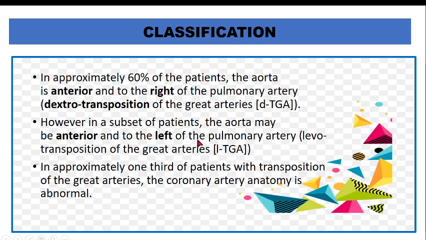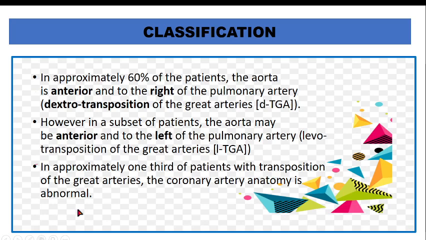Depending on the position of the aorta, in both the aorta is anterior, meaning towards the front. If it is on the right side of the pulmonary artery, that is called dextrotransposition. If it is on the left side of the pulmonary artery, then it is called levotransposition of the great vessels. In approximately 1/3 of the patients with transposition of the great vessels, coronary artery anatomy is abnormal.